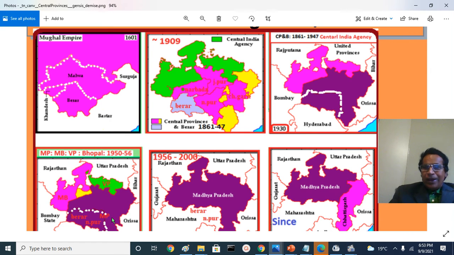It was retained in Madhya Pradesh, residual Madhya Pradesh, and the rest of the Nagpur division was ceded to Bombay state, bilingual Bombay state in 1956, that is Marathi speaking and Gujarati speaking districts.